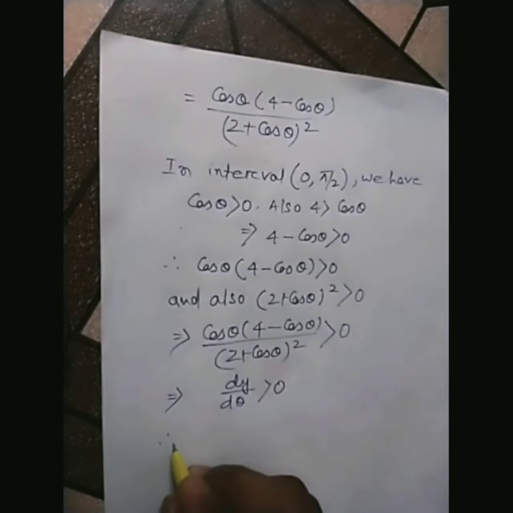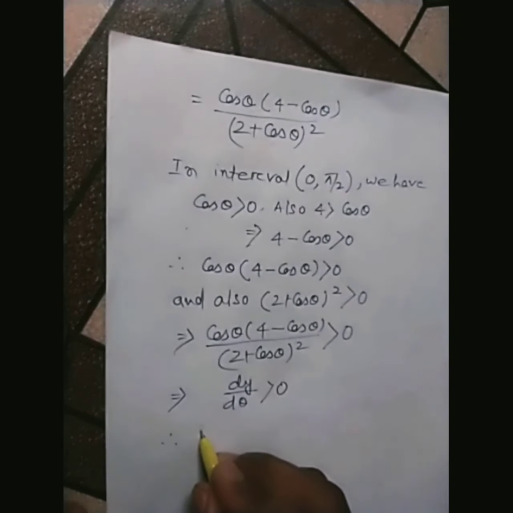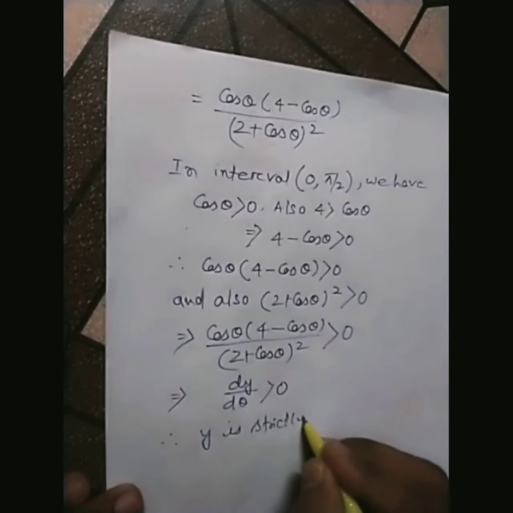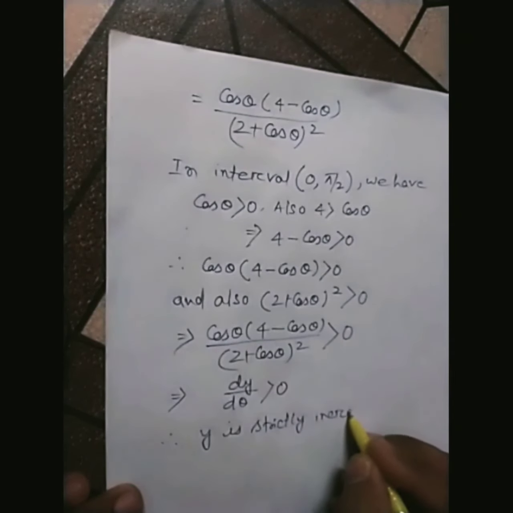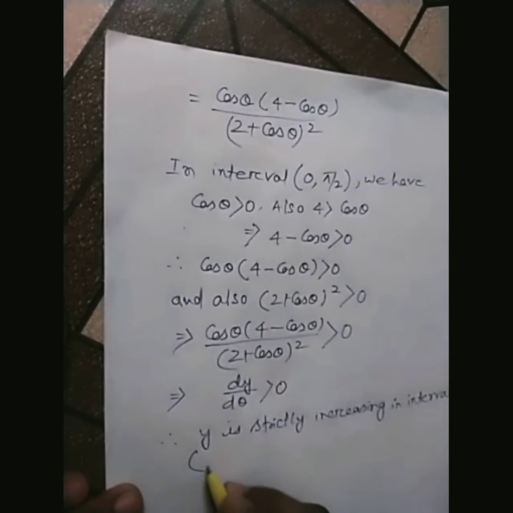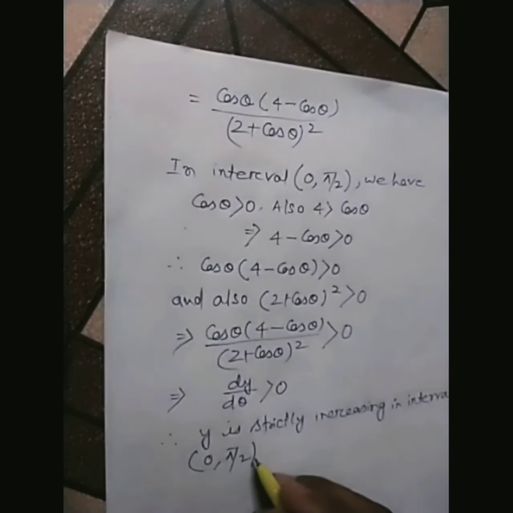Therefore y is strictly increasing in the interval 0 comma pi by 2. This is the open interval, okay.